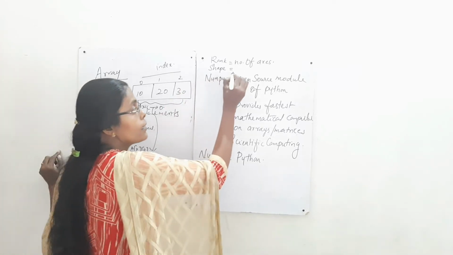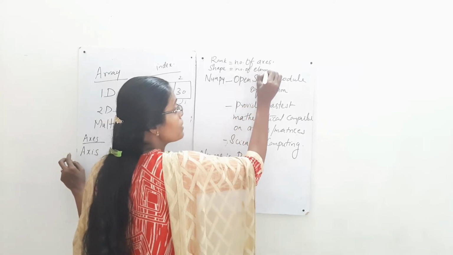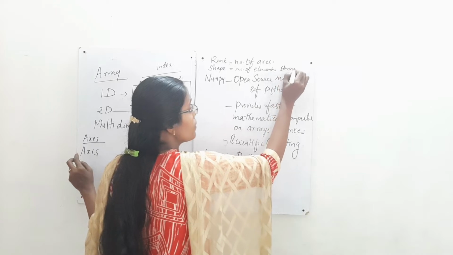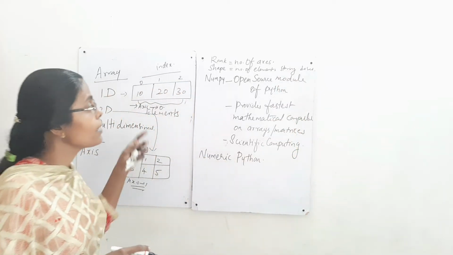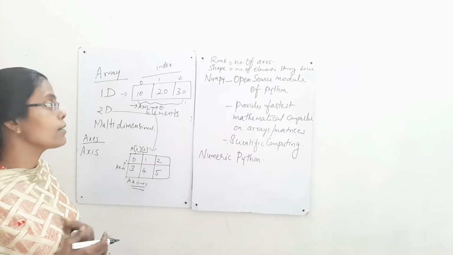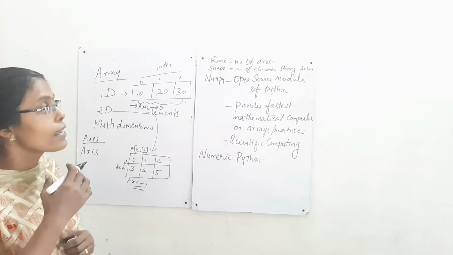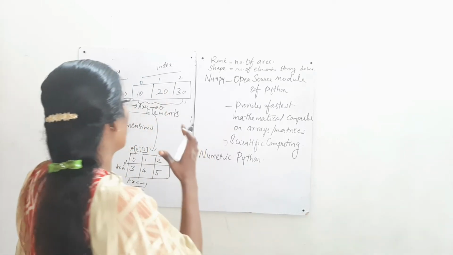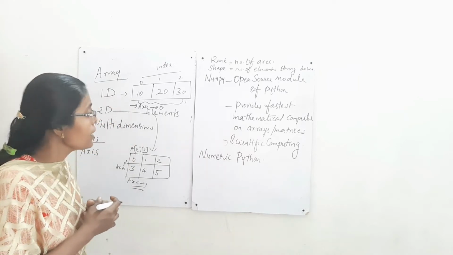This is the number of elements storing based on each axis. That is shape. These are the different terms we need to keep in our mind. First one is axis, rank and shape. Okay, so this is about our different types of arrays. Okay, I think it's clear.